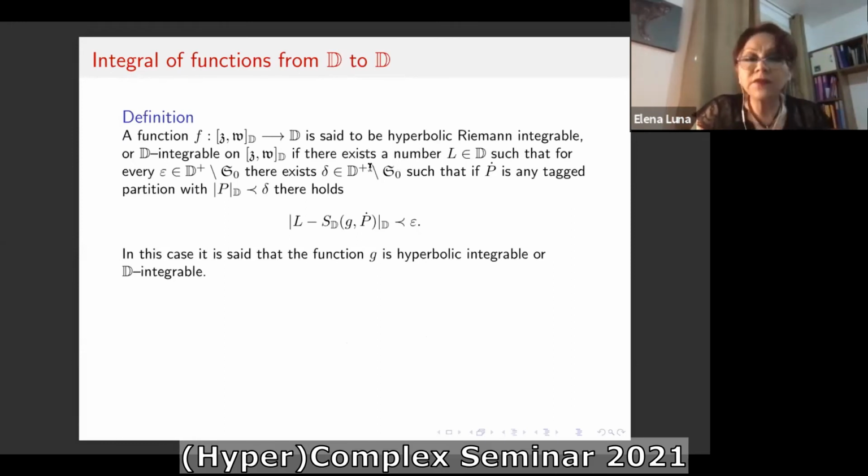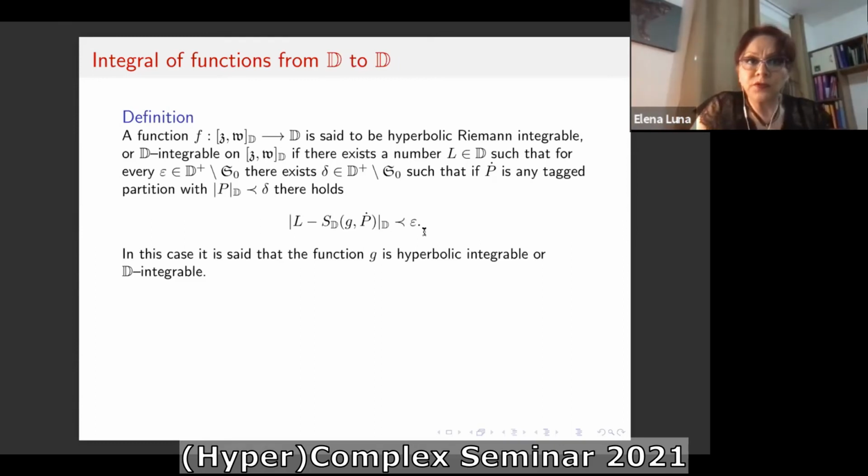So then we will have a number, which will be a hyperbolic number, such that this will be the integral of the function if for every epsilon positive and non-zero divisor, there exists a hyperbolic positive number delta, non-zero divisor, such that if a tagged partition, as I define it, whose diameter is smaller, with this partial order, than delta, then this inequality will happen.